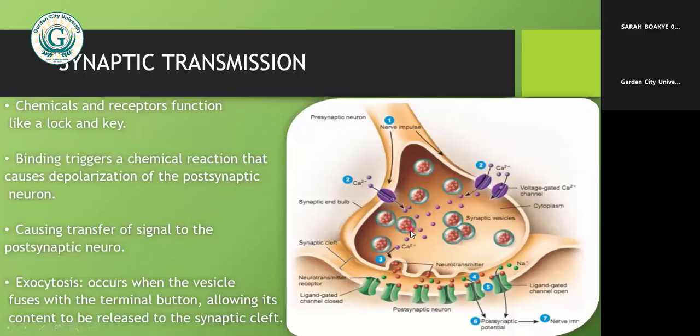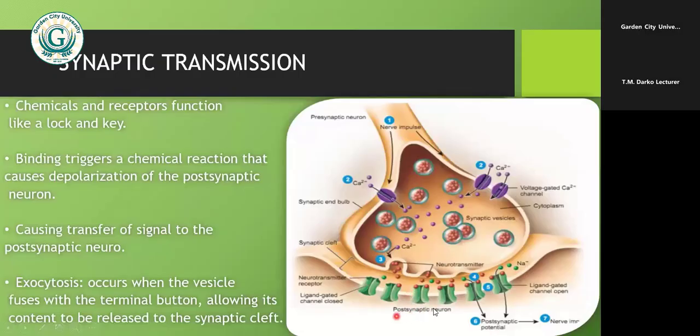How do they rupture? They will undergo a process called exocytosis. They will fuse with the membrane at the presynaptic terminal. Then through exocytosis, the neurotransmitters will be released at the synaptic junction. After they have been released, they will bind to their specific receptors on the postsynaptic neuron.